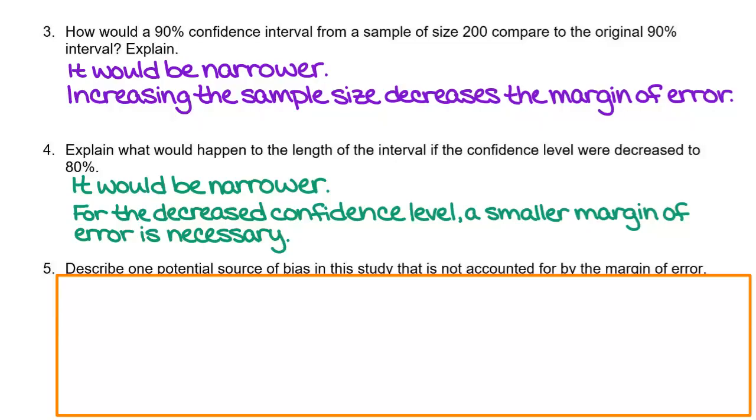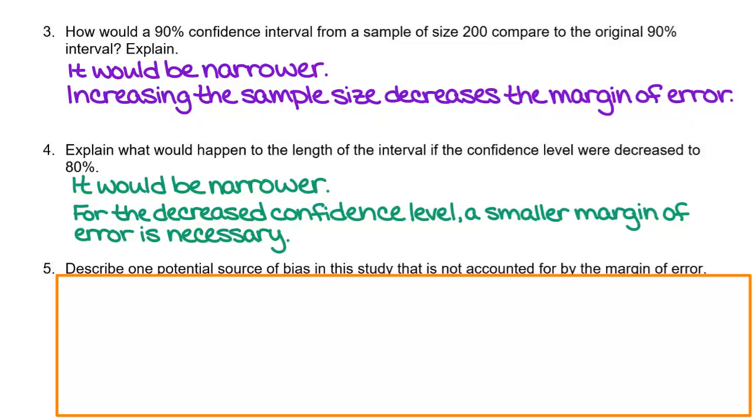All right, let's look at this last question here. Describe one potential source of bias in this study that is not accounted for by the margin of error. Bias, if you remember from first semester, has to do with how your data was collected.